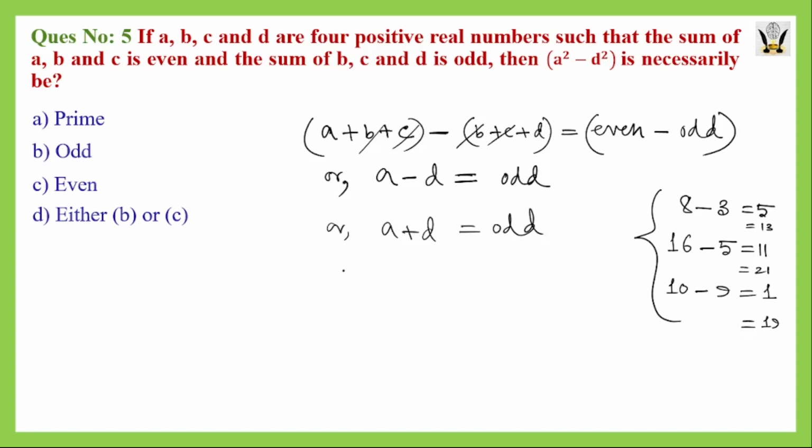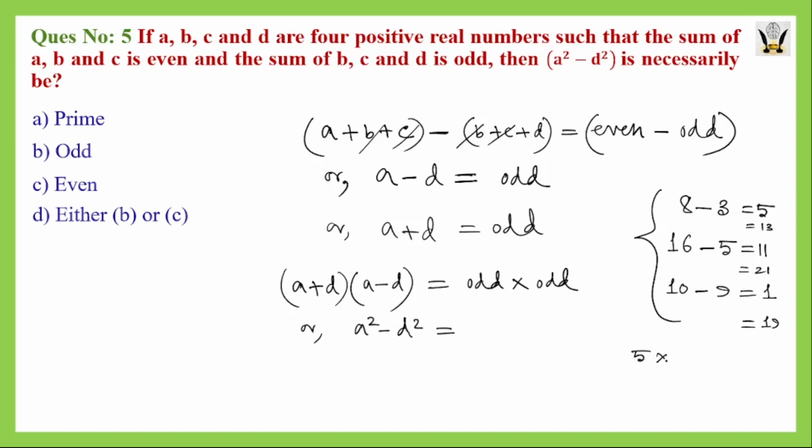So now what we will do, if we multiply this, it will be a plus d multiplied by a minus d, and on the other side we are basically multiplying two odd numbers. So from the left hand side we will be getting a square minus d square. We know this rule, this formula. And from the right hand side, we are multiplying two odd numbers.